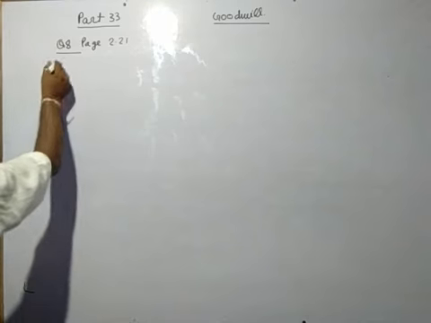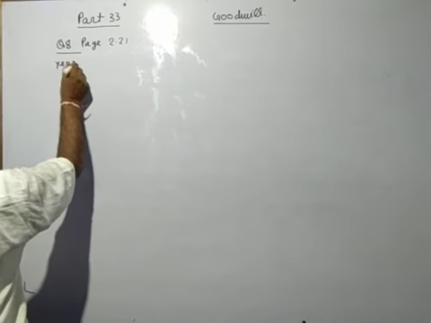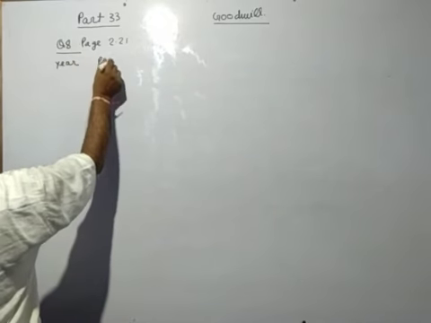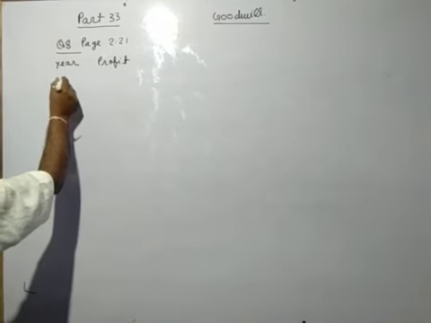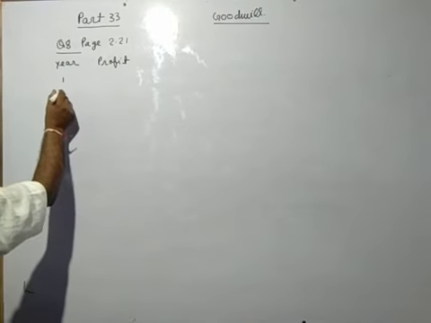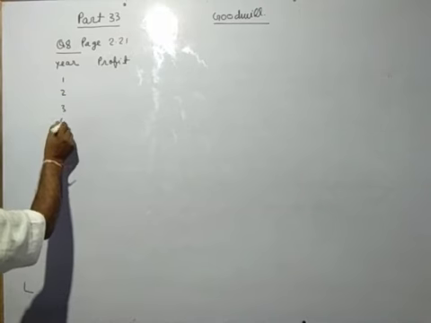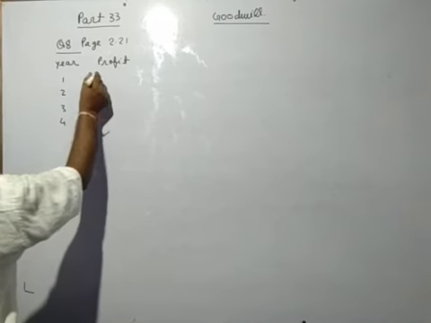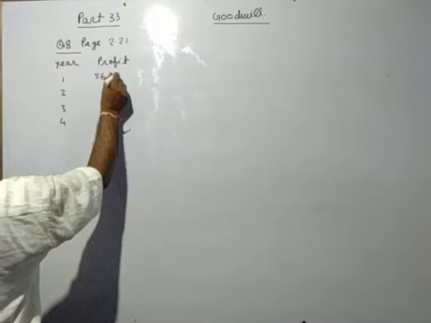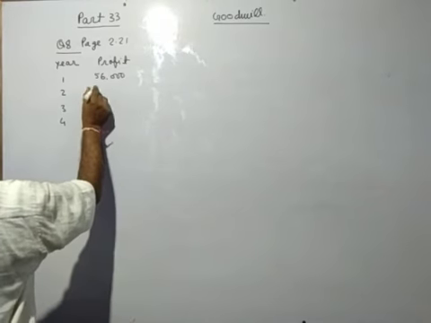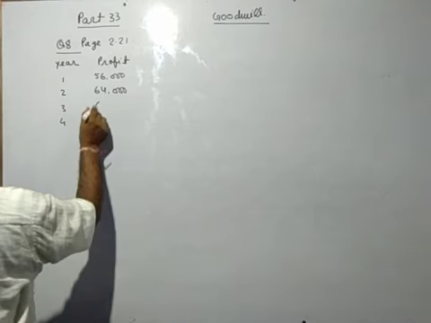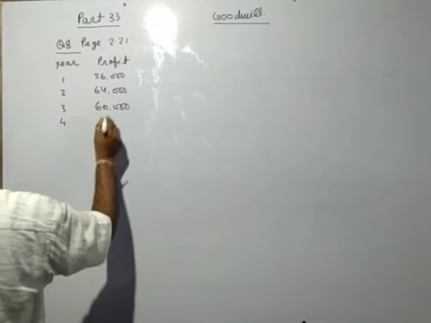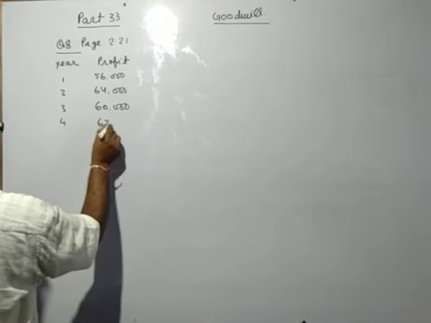So one column we will draw for the year, and one column we will write the profit: 56,000, 64,000, 60,000, and 62,000.